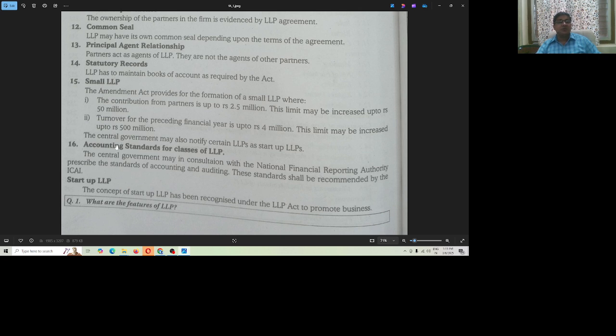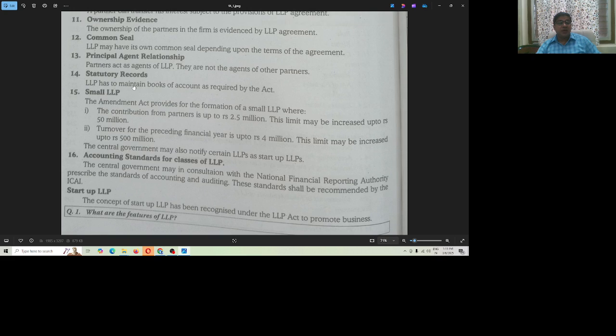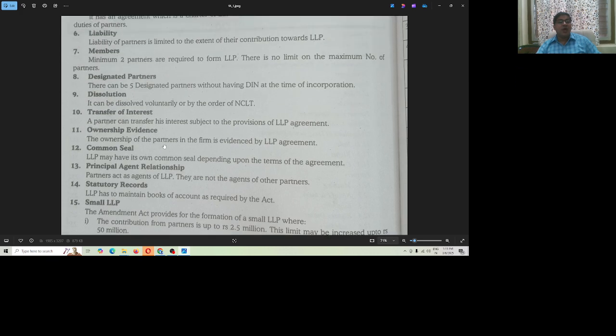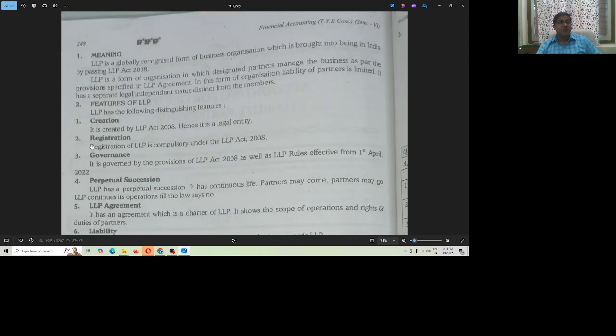So these are the certain features regarding the LLP. Sometimes the question may be asked, what are the features of the LLP? At that time you have to write these particular features.